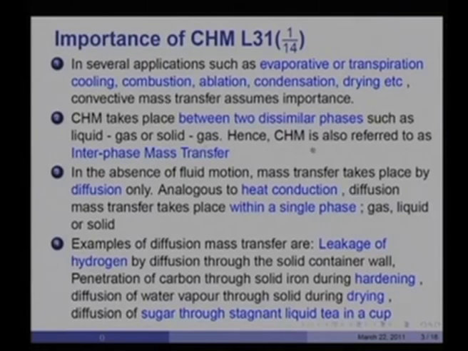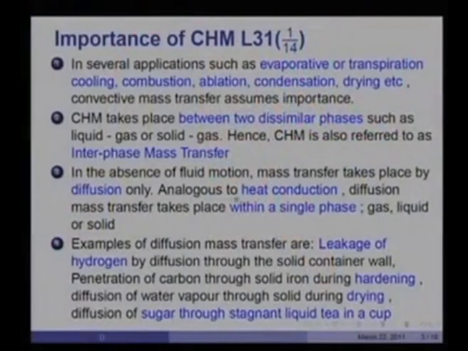So, many times convective mass transfer is referred to as interphase mass transfer. For example, evaporation is liquid to gas mass transfer. Ablation, on the other hand, is solid to gas, and combustion of a wood particle or a coal particle would be a solid to gas mass transfer problem.